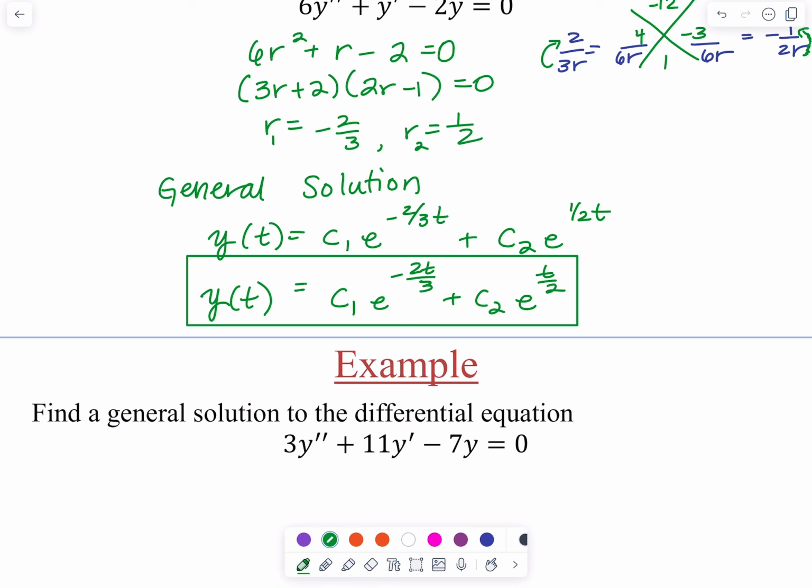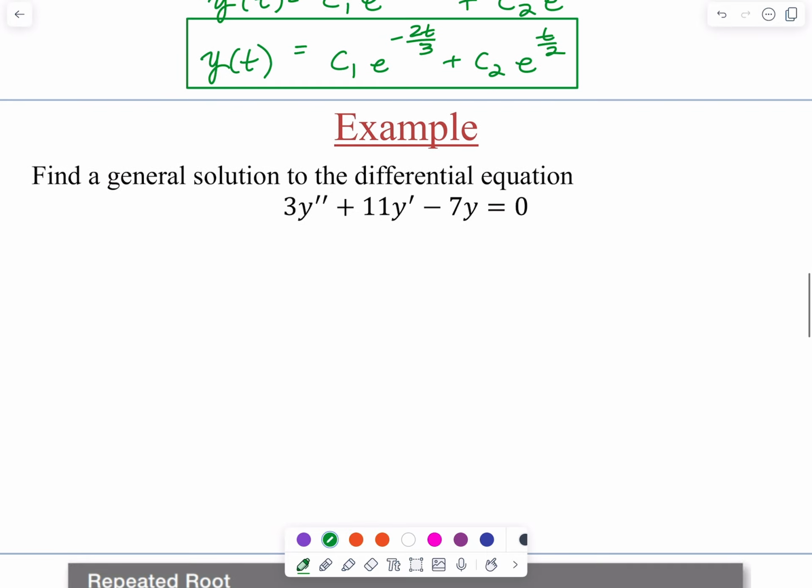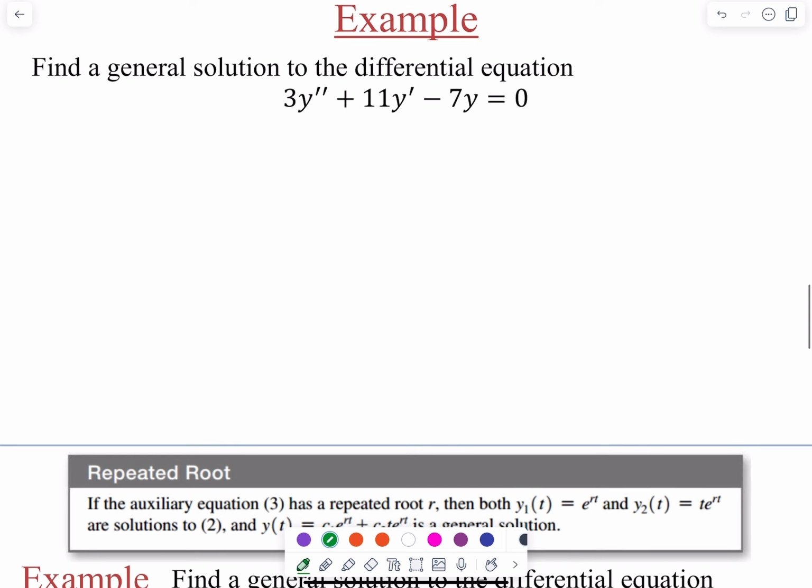Let's take a look at our next example. Find a general solution to this differential equation, 3y double prime plus 11y prime minus 7y equals 0. So our auxiliary equation is 3r squared plus 11r minus 7 is equal to 0. And as you can see, trying to factor by hand, we don't get anywhere. So we can't hand factor.